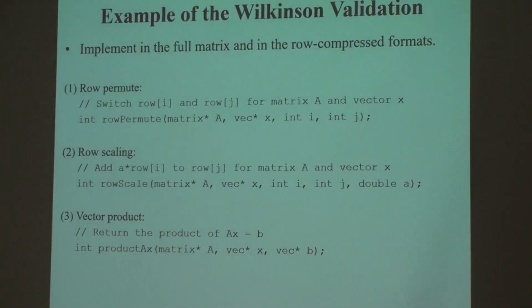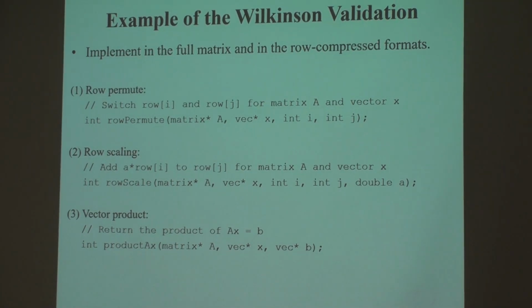So let me give you a solid example. For matrix operations, these are the three very basic operations that happen every day. I'll show you how this leads to something called LU decomposition, but that will come later. For now, let's have three matrix operations.